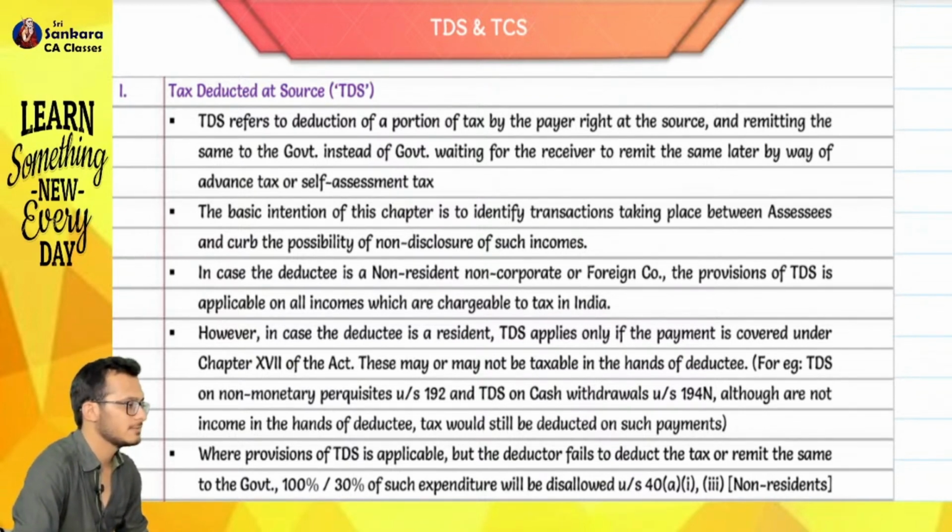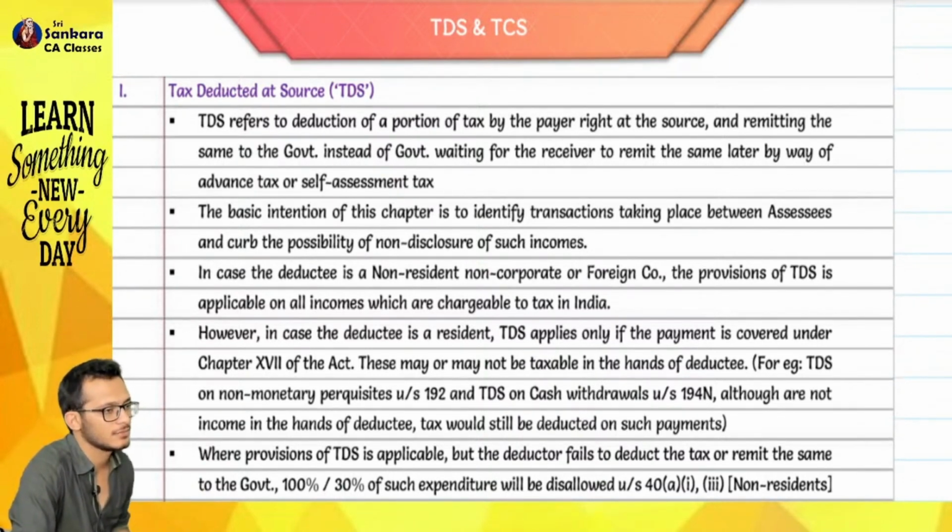Think about your journal entries. How would you credit money to the payer? Whom are you crediting or what are you crediting? This is an expense for you. What is the entry you will pass?